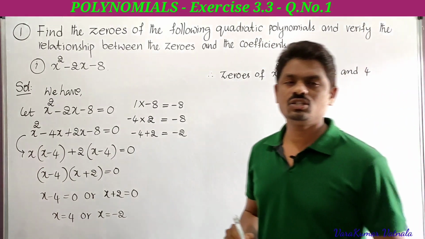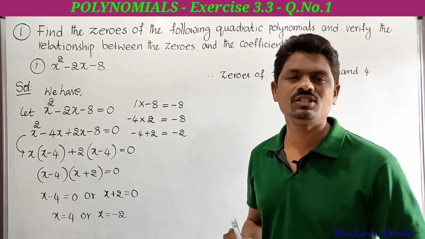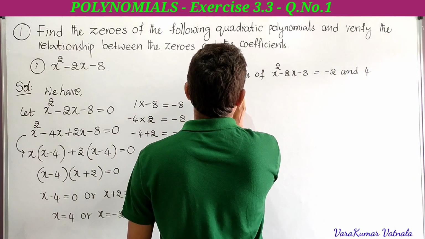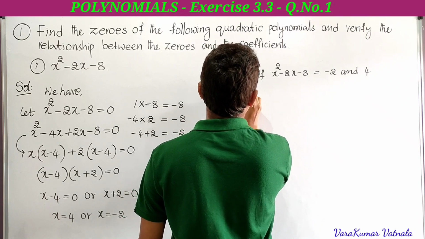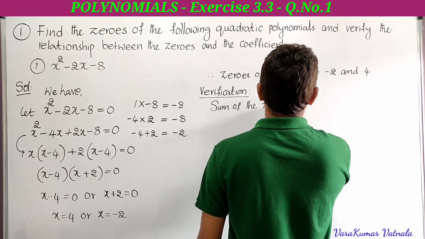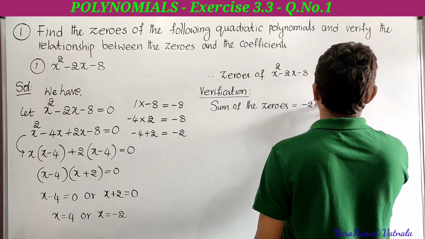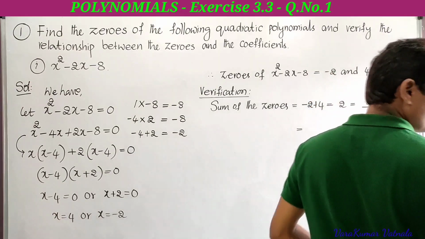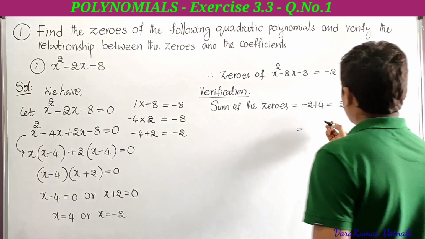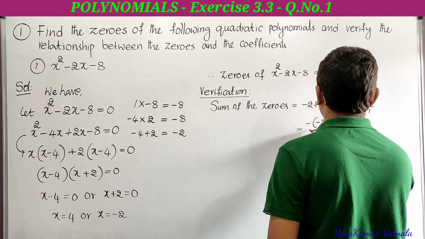After finding the zeros, he is asking to verify the relationship between the zeros and the coefficients. So for verification, we have to find the sum of the zeros. The sum of the zeros is minus 2 plus 4, which is 2. I am writing 2 as 2 by 1, and this 2 I am writing as minus of minus 2 divided by 1.